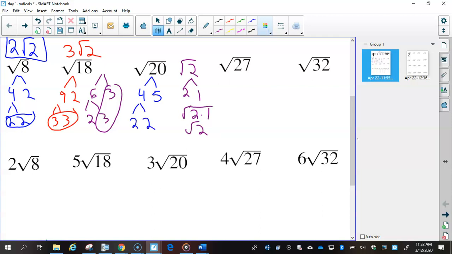What would our final answer be? 2 times the square root of 5. So if there's a number that isn't paired up, like this 5, it didn't have a pair, so that stayed inside. Anything that doesn't have a pair stays inside. Okay.